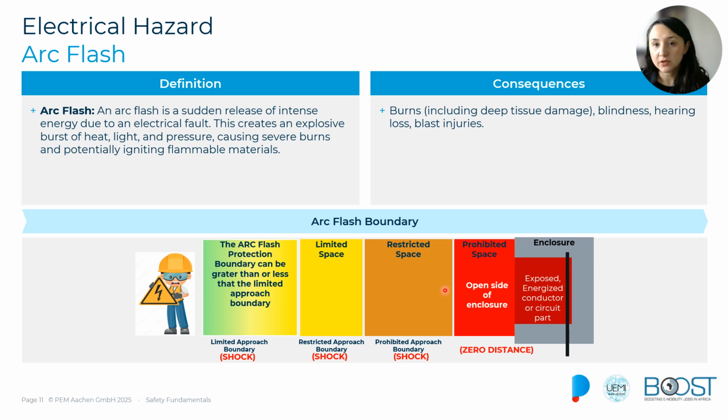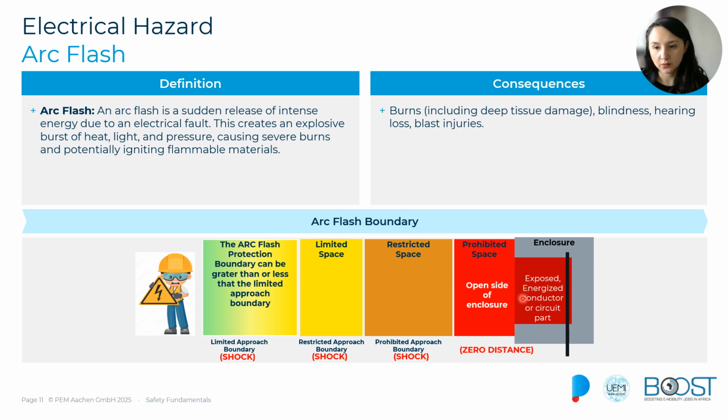Then we have another region, the restricted space, and this area is the closest you can get to the live or exposed equipment. In order to be there or even to pass this boundary, you must already be a qualified worker with the proper training and with the proper equipment.